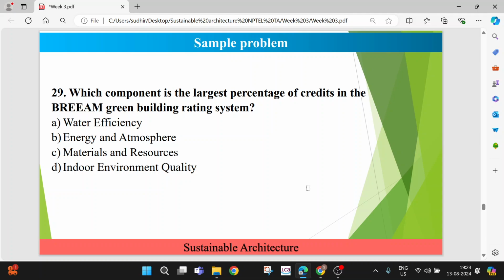There are several categories for rating, and several points have been allocated to different categories. So if we are talking about the BREEAM rating system, then the largest percentage of the credit is allocated to the energy and atmosphere component, reflecting the emphasis on energy performance in green buildings. So option B is the right answer.